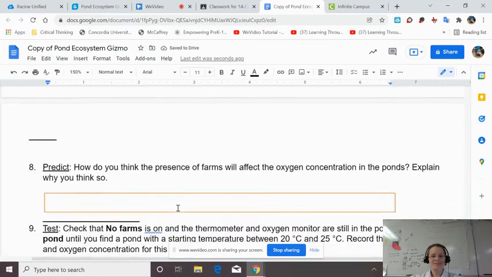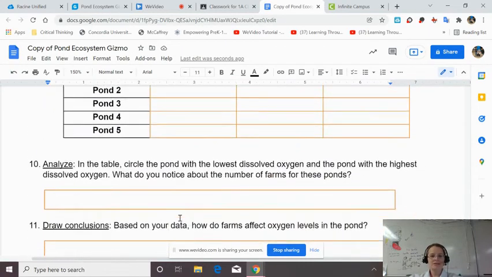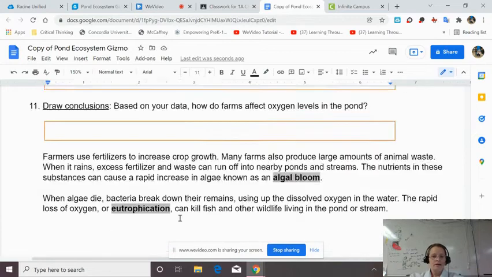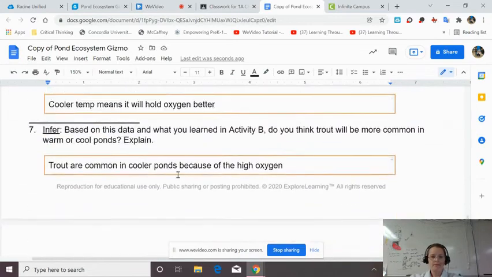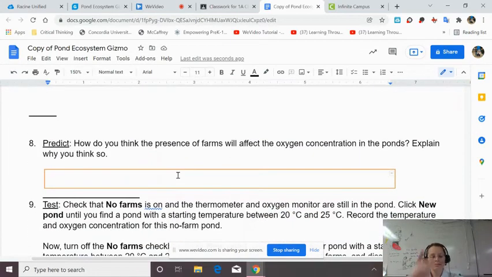How do you think the presence of farms affects the oxygen? Okay. We saw this. I don't know if you were paying attention. More farms equals less oxygen.